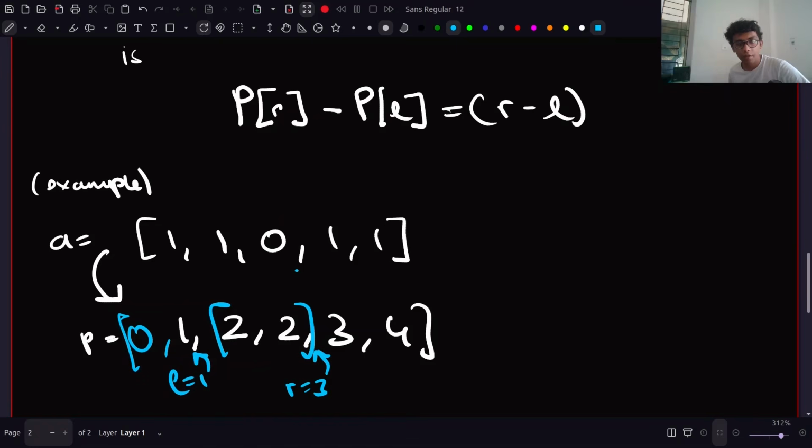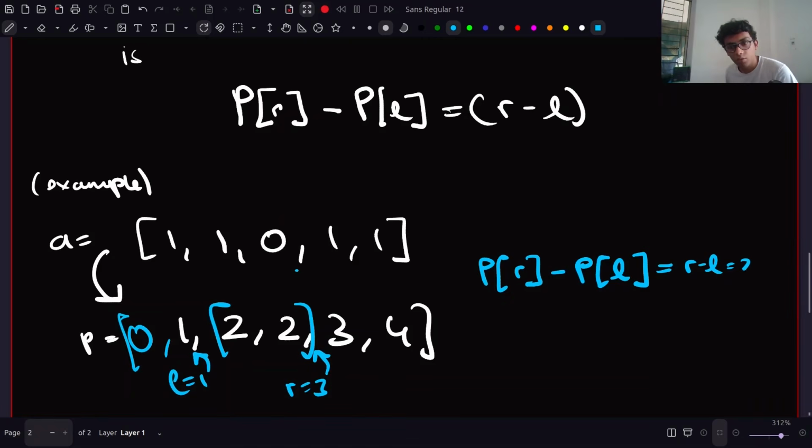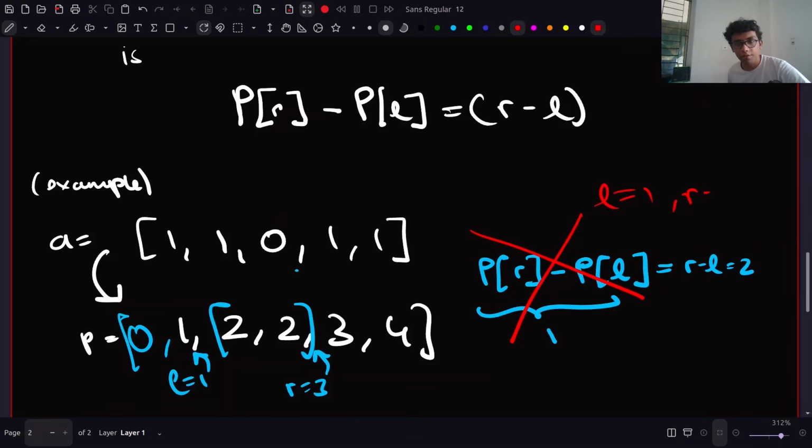Then we get prefix at R minus prefix at L is equal to R minus L, which is 2. But here we don't get 2, we get 1 over here. So this is not a good subarray if we take L equals 1, R equals 3.